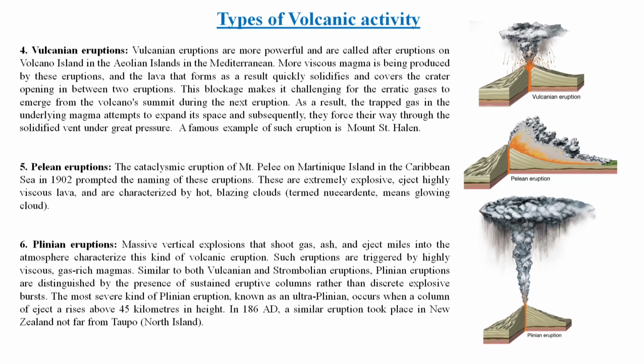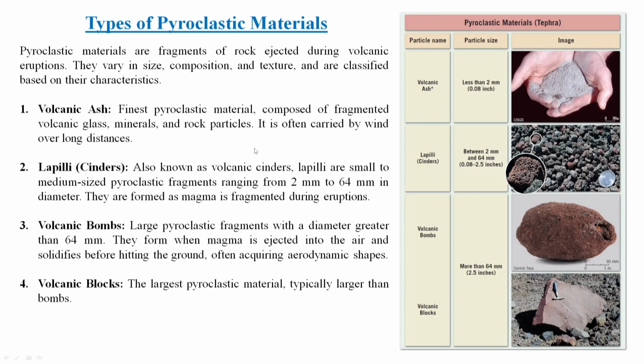The most severe kind of Plinian eruption is ultra-Plinian, where in 186 AD a similar eruption took place in New Zealand. So these are the different types based on the explosiveness of your volcano.